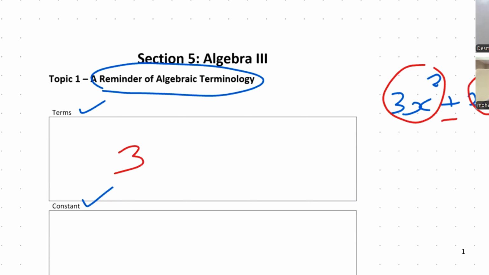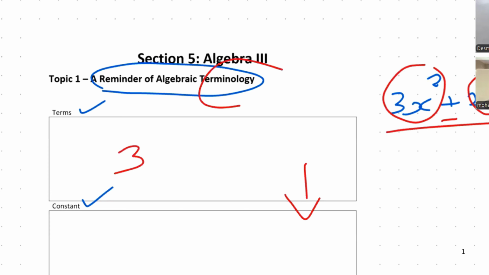Now I'm going to use one lesson that covers anything to follow. I know we're talking about terms and constants, but there's a lot more coming from this, especially now that we want to master the terminology part of it.